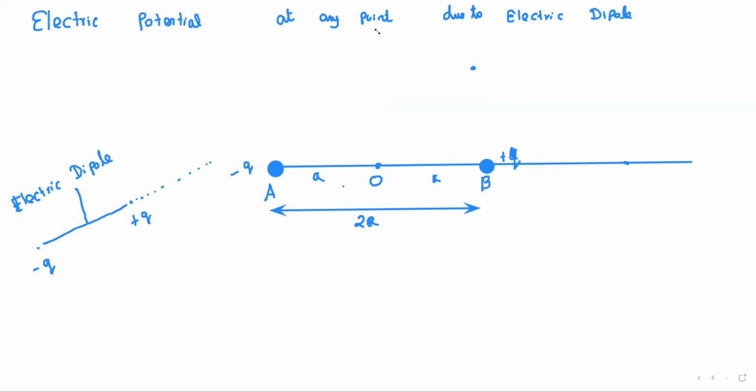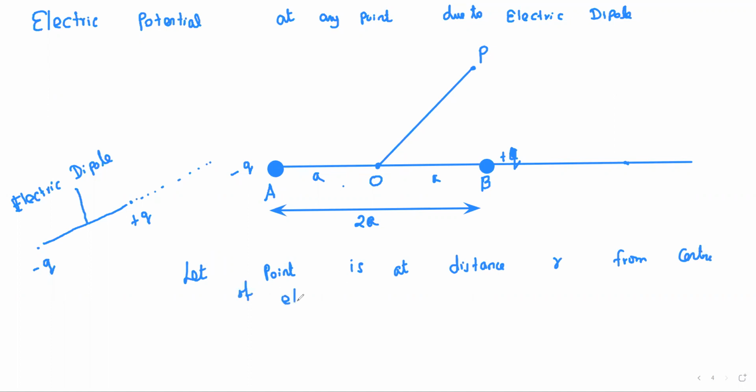So what you have to do is draw the line between O and the point where you want to find the electric field intensity. Let the point be P, at a distance R from the center of the electric dipole.